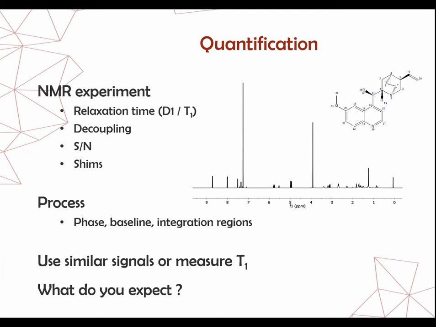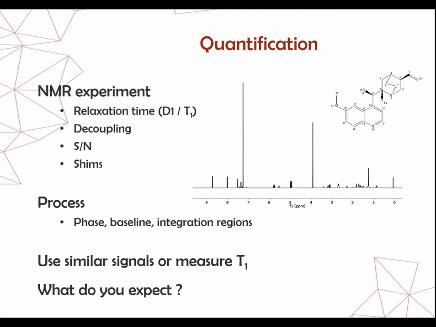And what should I put for D1? Is there any number you would suggest? If you want to be very accurate and calculate a yield, the best would be to ask us and to work on your system and measure the T1s in order to know precisely the value that will be requested for D1.